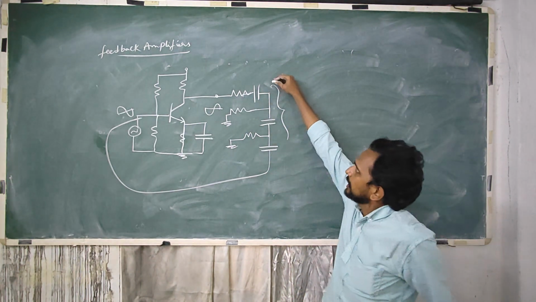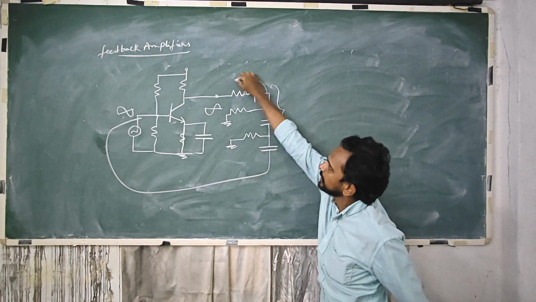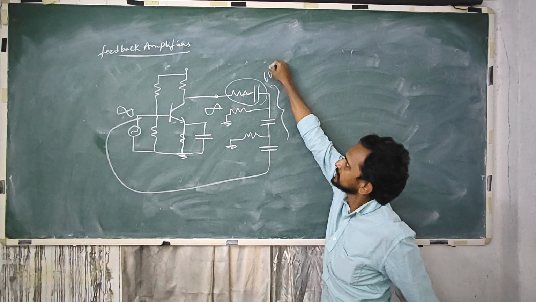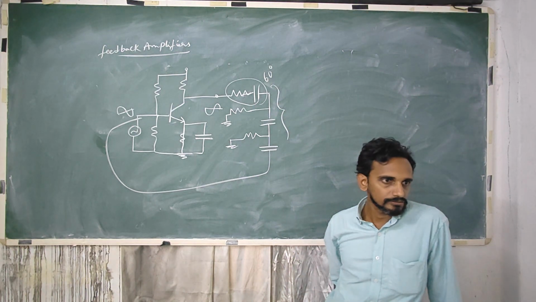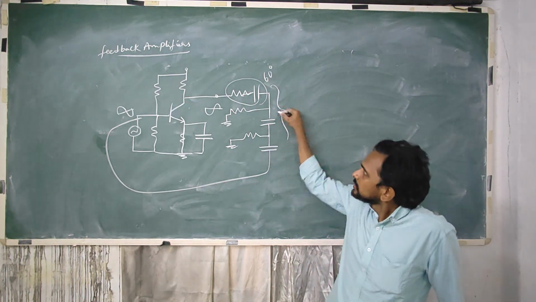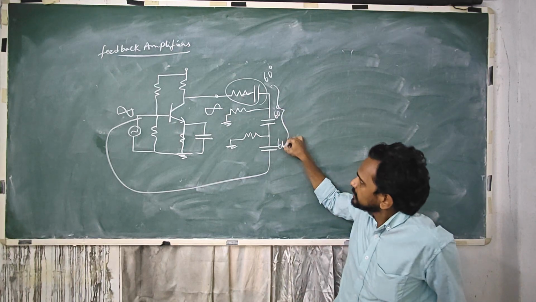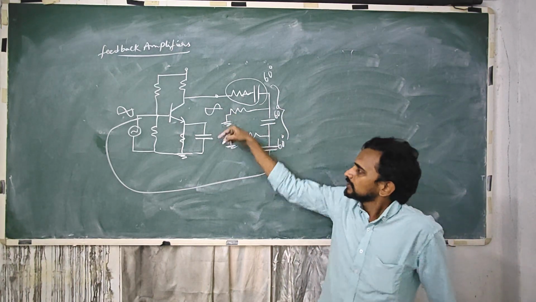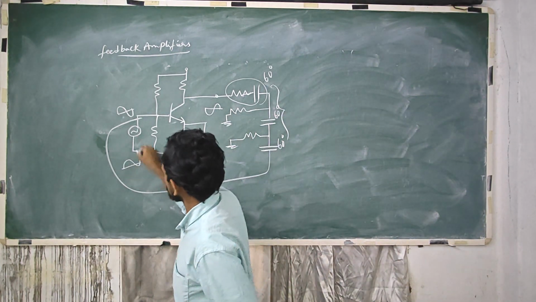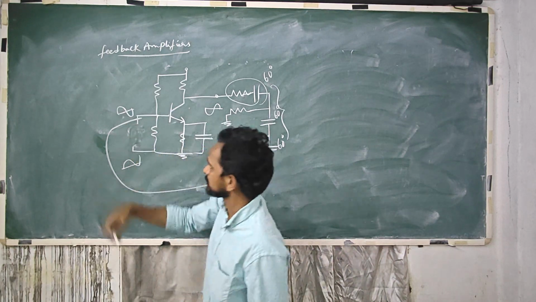So I'm ensuring each combination RC produces 60 degrees phase shift. So each combination produces 60, 3 times 60 is 180. So input becomes positive. Now I don't need to give any input signal here.